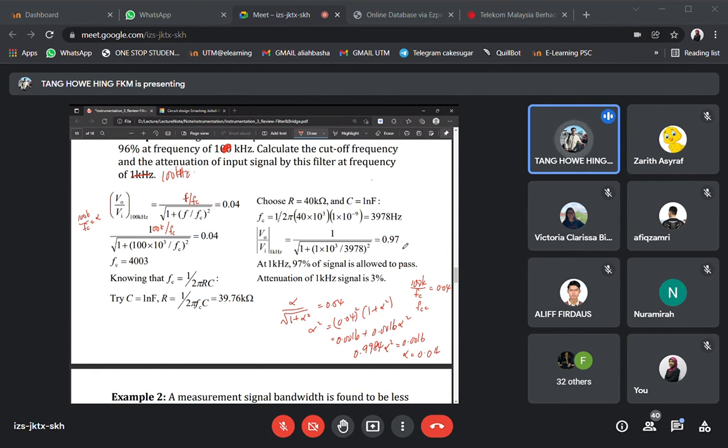That means the cutoff frequency is actually 2.5 megahertz.